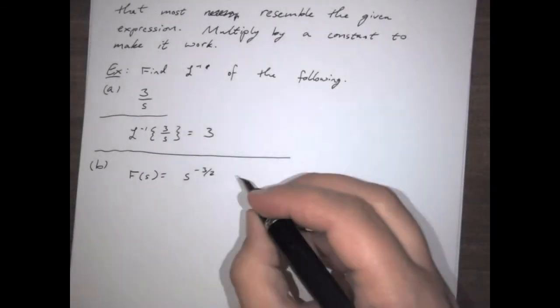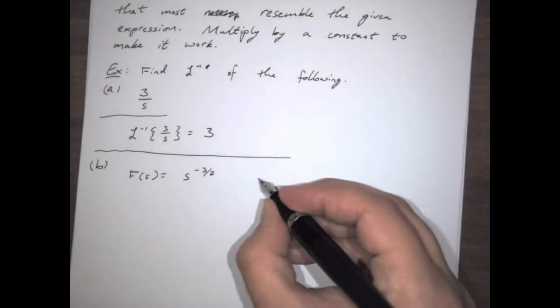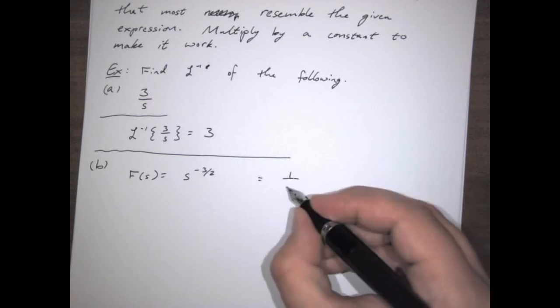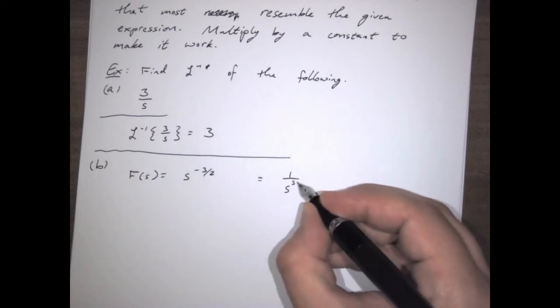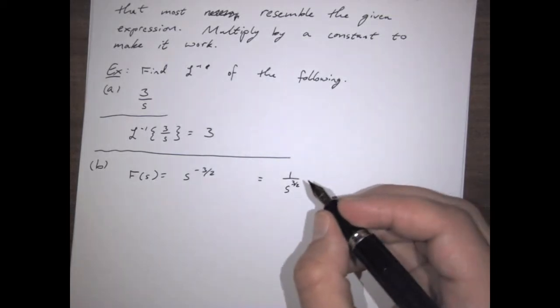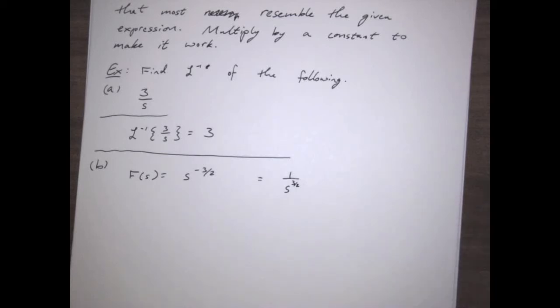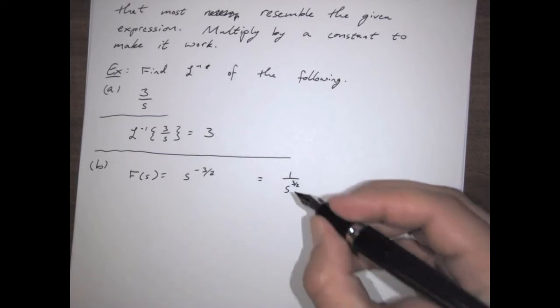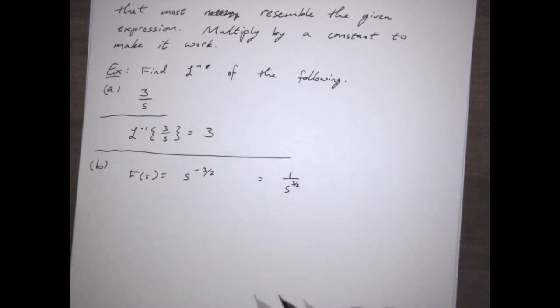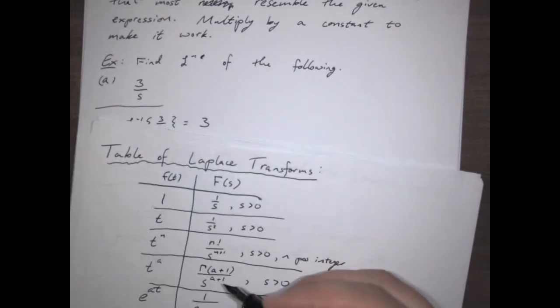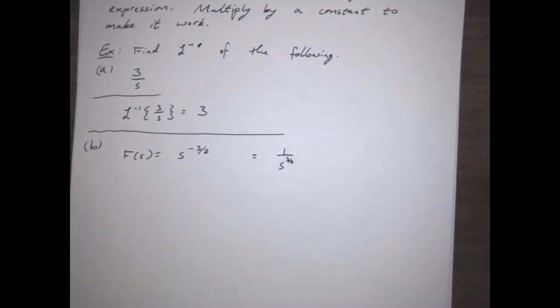However, the fact that it's a negative exponent means that we may want to reframe it as 1 over s to the 3 halves. Now, 1 over s's, those are very common expressions that we've seen here. In fact, every one of our expressions has an s somewhere in the denominator. But the one that has a power like this is the one that comes from the t to the a.